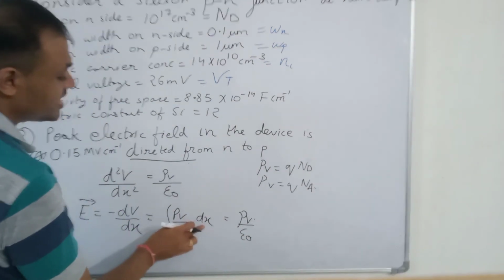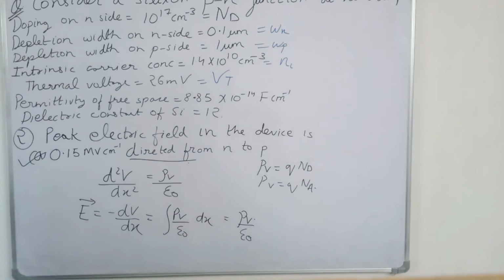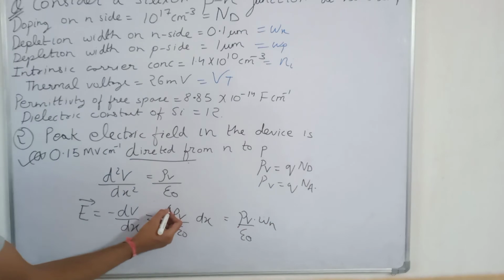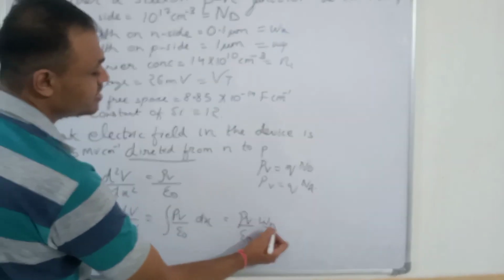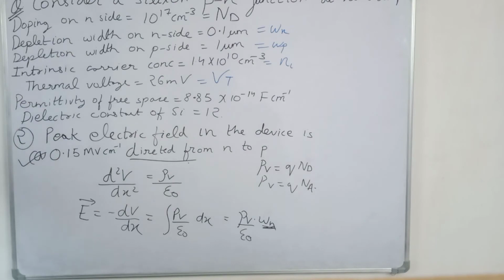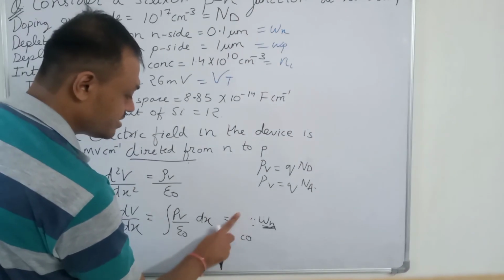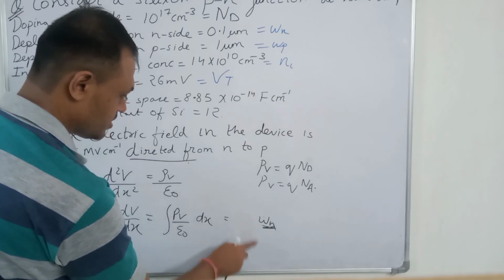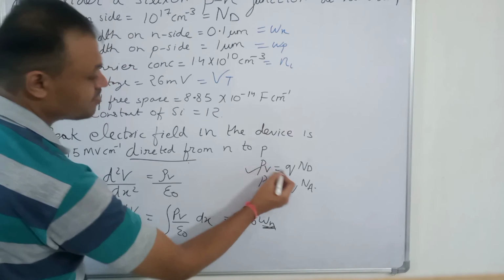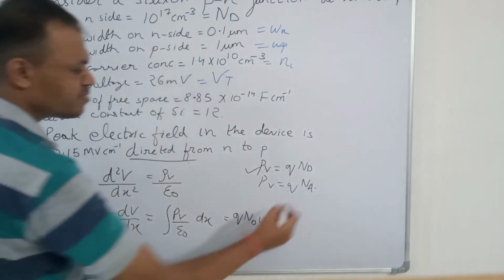For the depletion layer width on the N side, we integrate dx to get the depletion layer width Wn, replacing rho V with Q Nd for the N side.